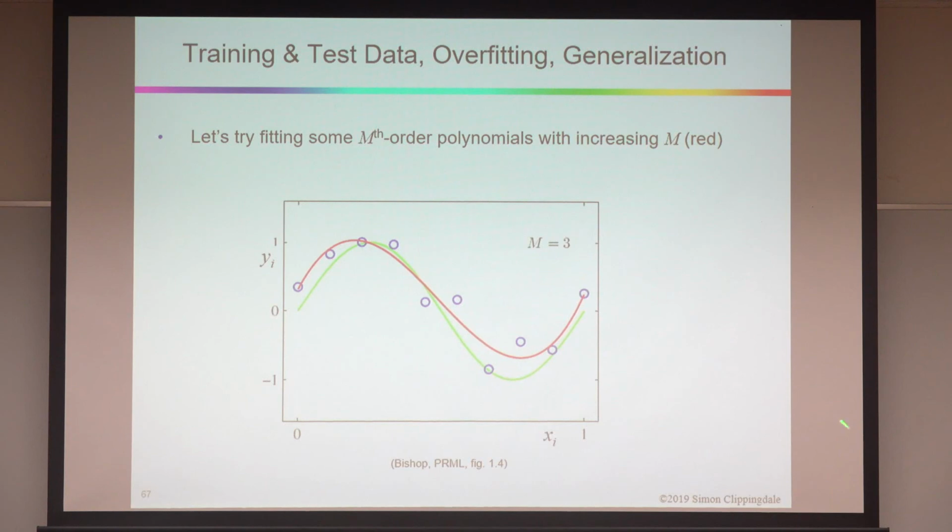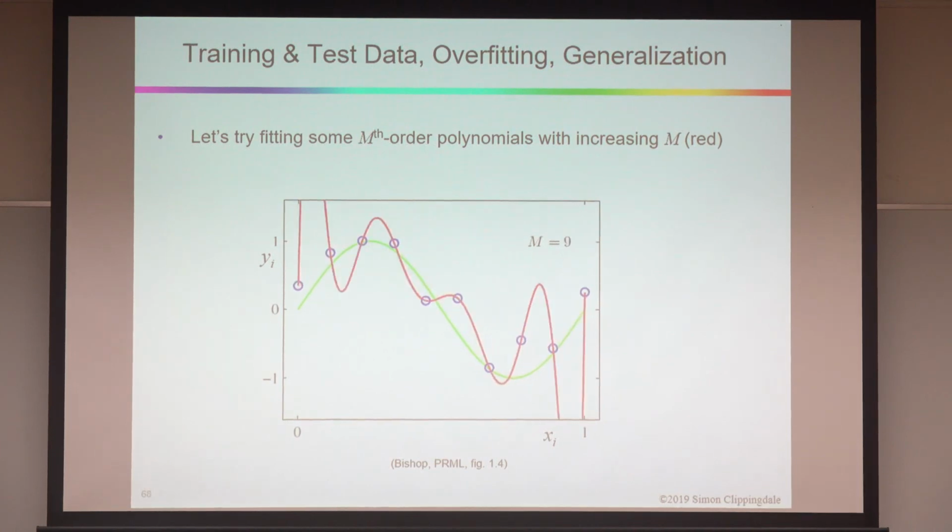It's still not a very good approximation of this sine wave. Now if you fit a third order polynomial, so this is a cubic polynomial, it's getting much better. It's getting closer to the sine wave.